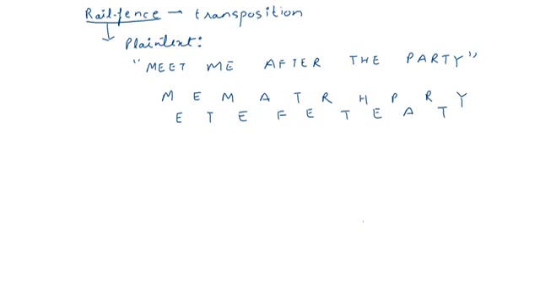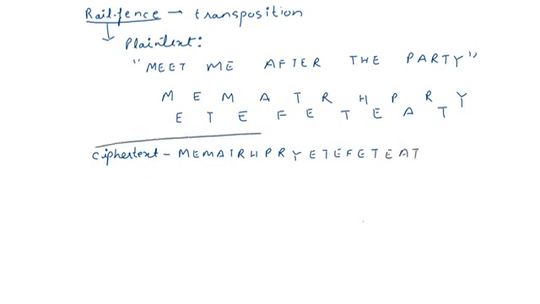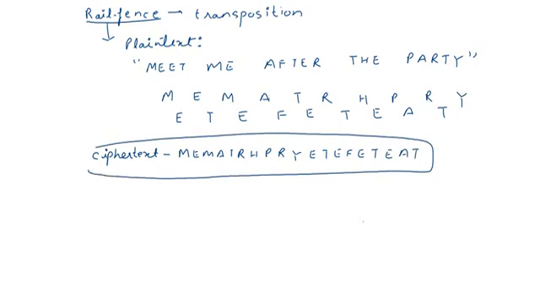When we write the ciphertext, we simply read it row by row. So the ciphertext will be M E M A T R H P R Y E T E F E T E A T. We just put a permutation on the plain text and get the ciphertext.